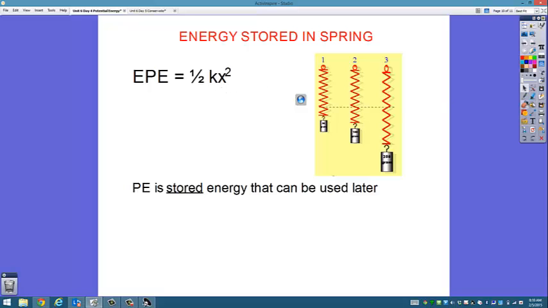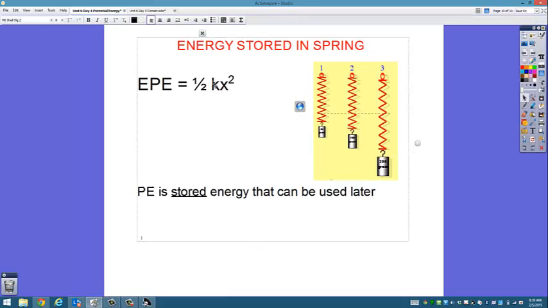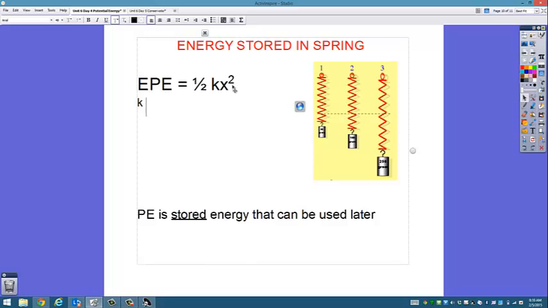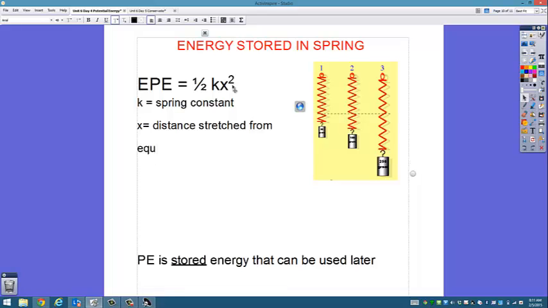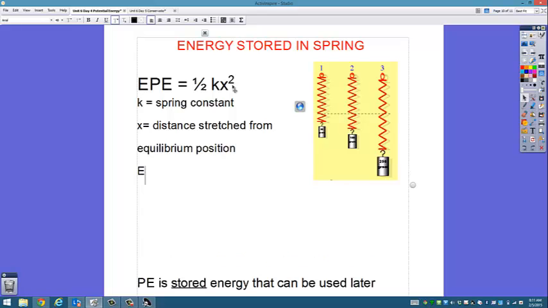Just like before, your K is going to be the spring constant, and x is going to be the distance that it stretches from that equilibrium. Okay, and EPE is measured in joules because it's another type of energy.